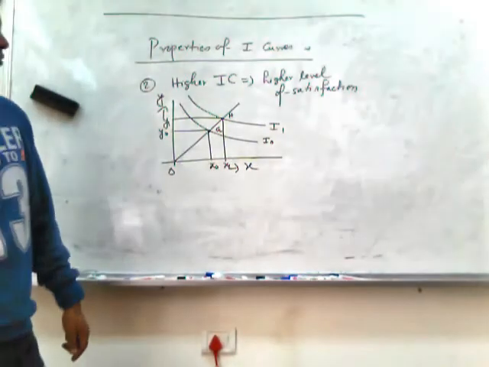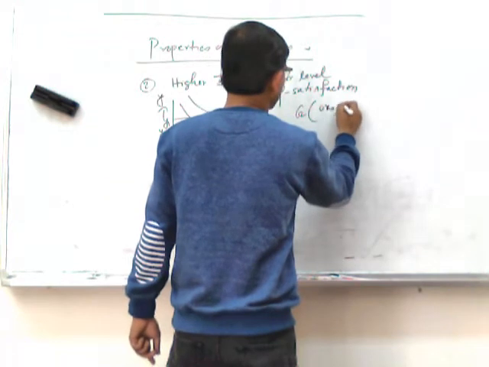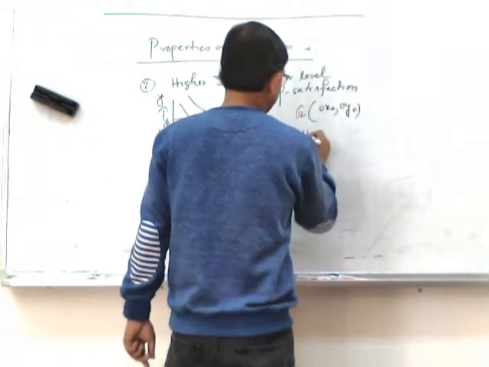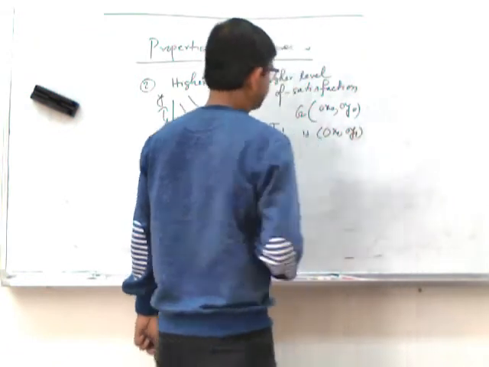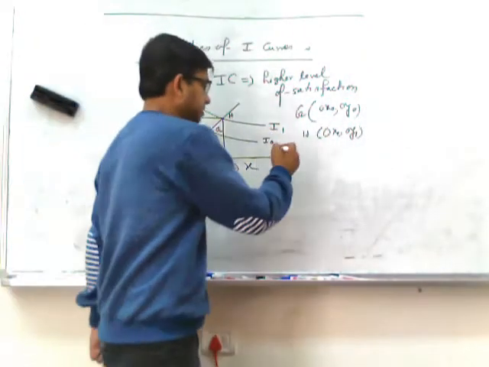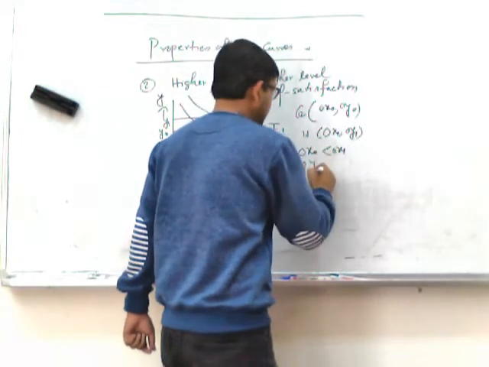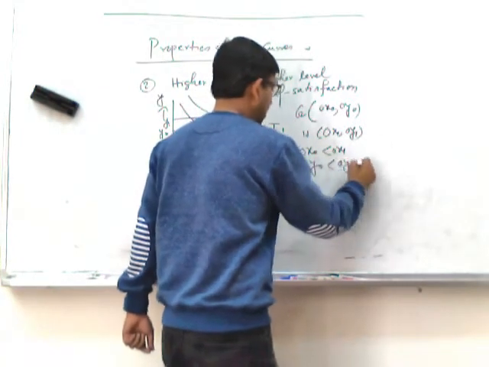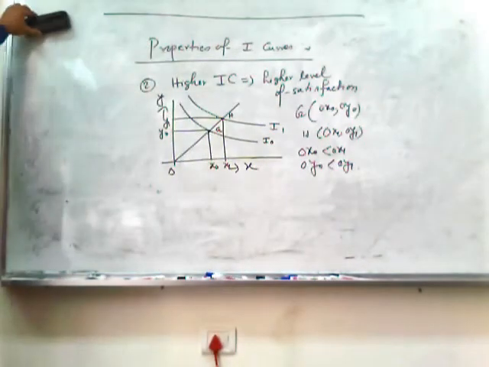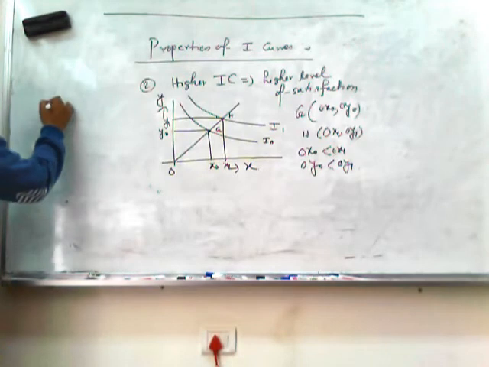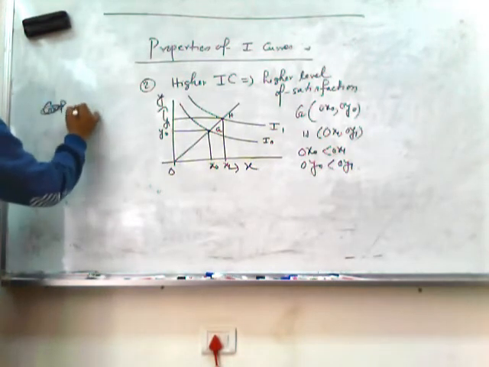So definitely OX0 is less than OX1, and OY0 is less than OY1. By the axiom of non-satiety, we can say H is preferred to G.